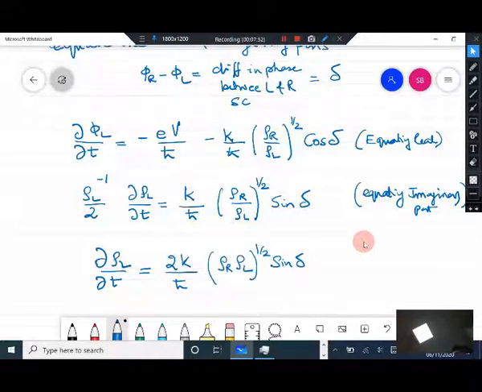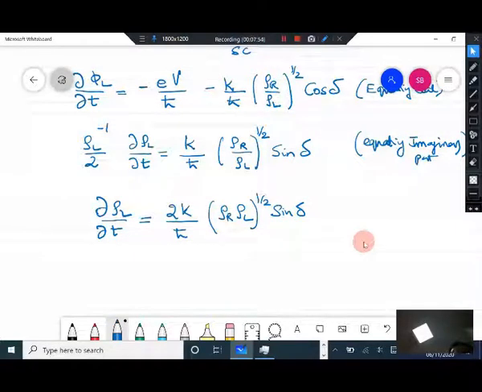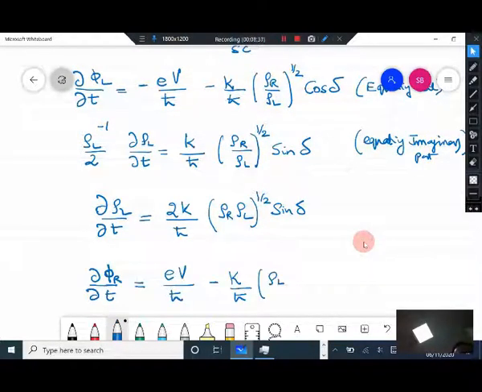Okay, and also the rate of change of phase. Now this is whatever I wrote here.